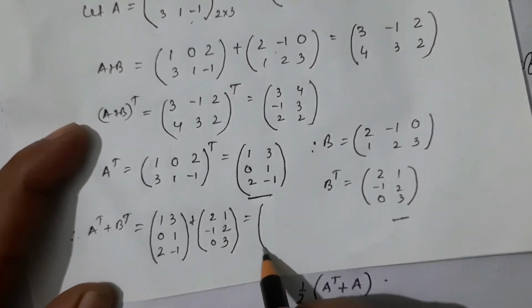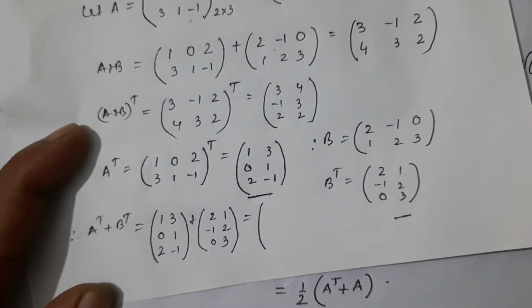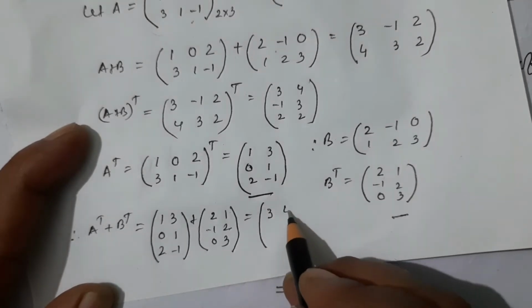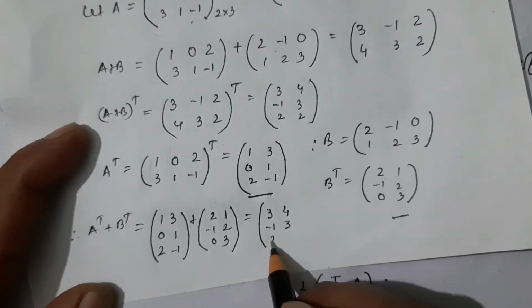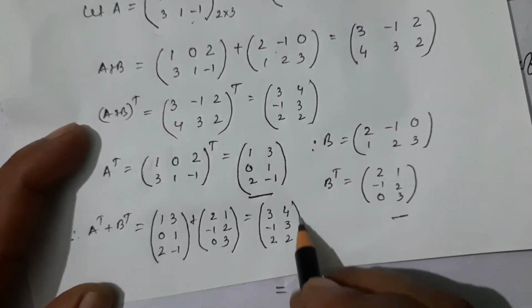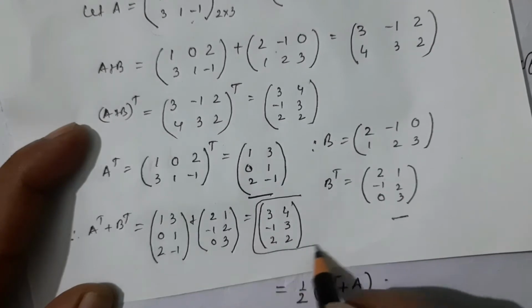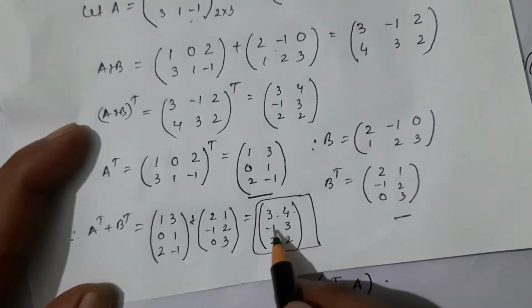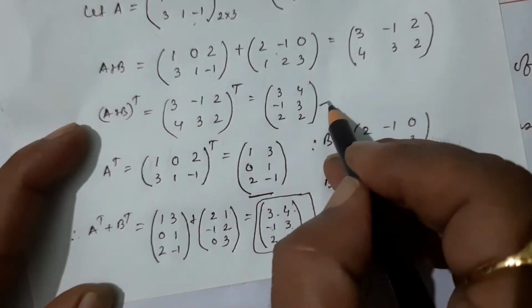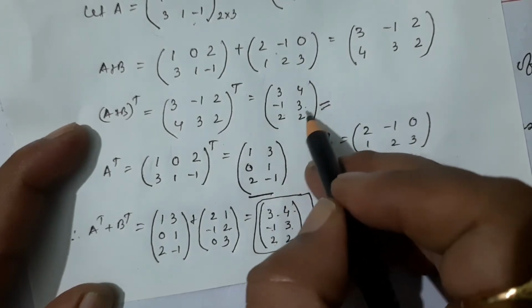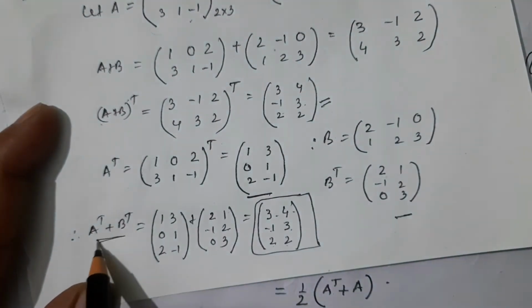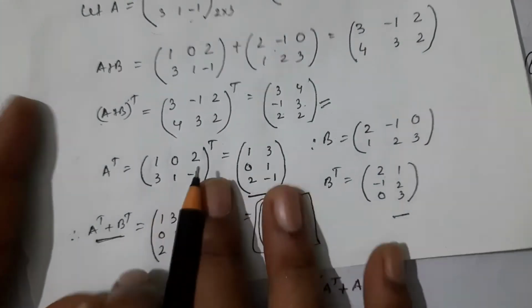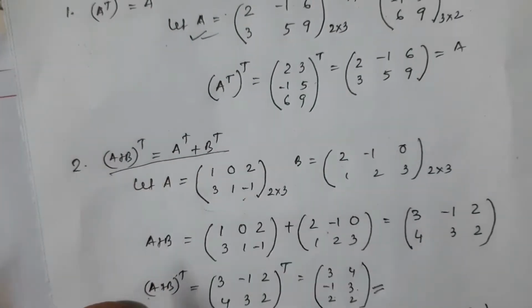Adding corresponding entries, we get 3, 4, minus 1, 3, 2, 2. So this is a matrix 3, 4, minus 1, 3, 2, 2, and this is the same matrix. So A plus B whole transpose is equal to A transpose plus B transpose. So this property is also satisfied.